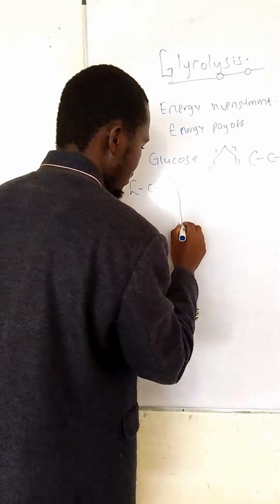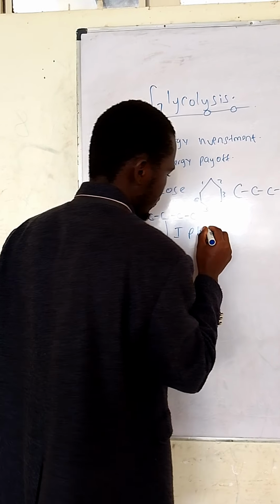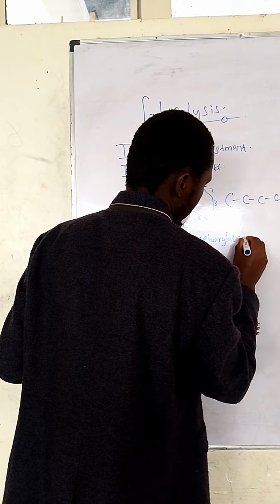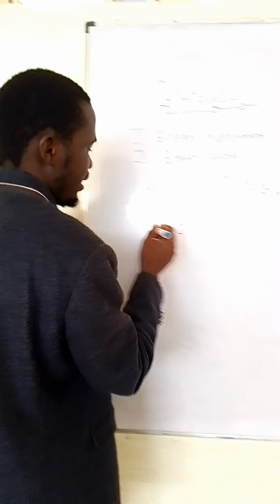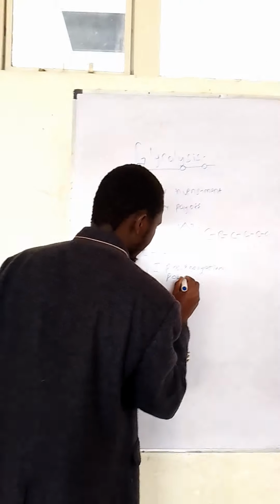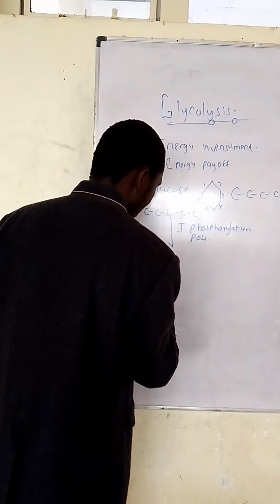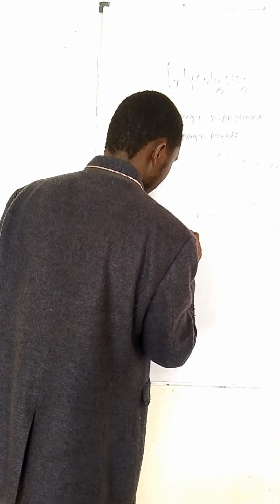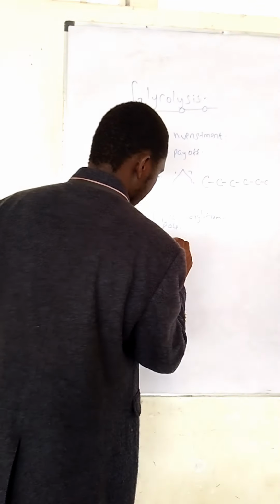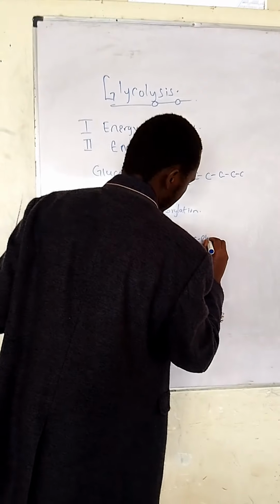So for this glucose, the first step is called phosphorylation. In this step, a phosphate is added to carbon number 6. So the end product is called glucose 6-phosphate.